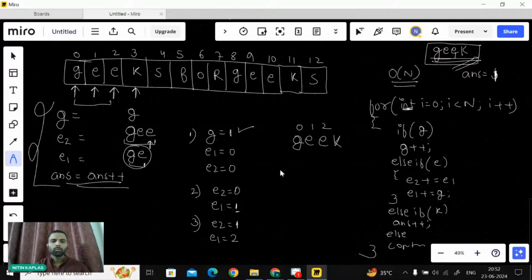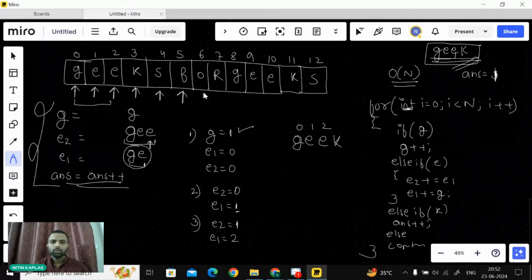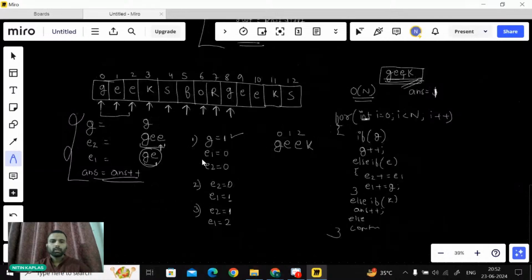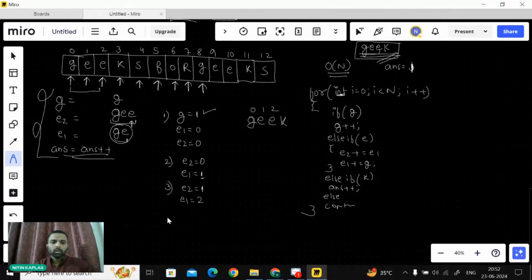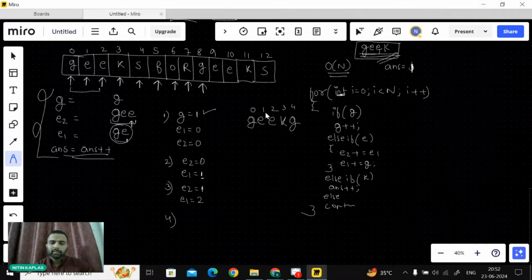Right now, when I go forward, we have no need to go in any other condition. Not needed, not needed. When I have G, simply let me do this. Now when I have G, what I'm doing is I simply add G here. Okay, so let me add the index 4, right?